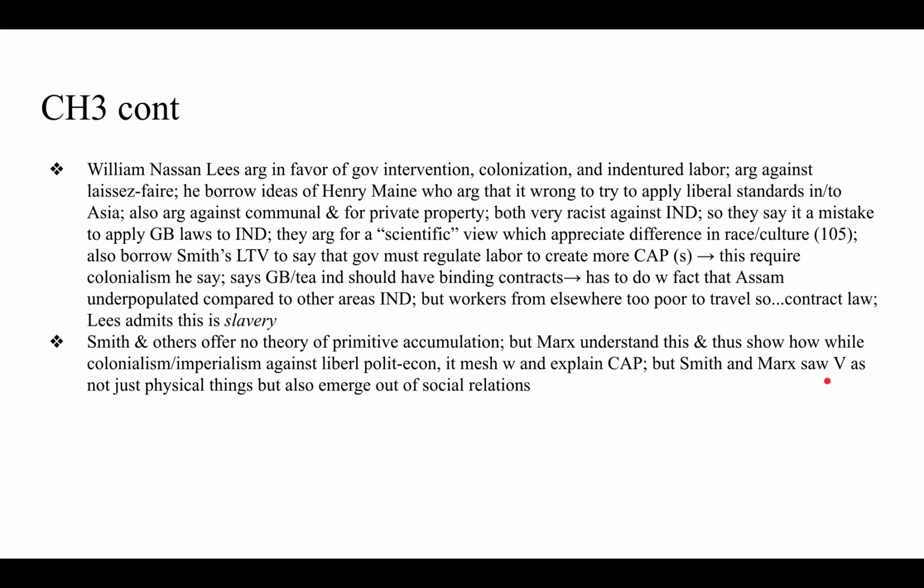And Smith and Marx actually saw value not just as physical things, but as something that emerged out of social relations. So this was another important idea shared by many thinkers at the time who were attracted to the labor theory of value. And the labor theory of value, as I mentioned before, is frequently misunderstood and mistakenly attributed to Marx. It was not Marx's idea initially. It was a fundamental idea of classical liberal political economy, but it was developed in fundamental ways by Marx.